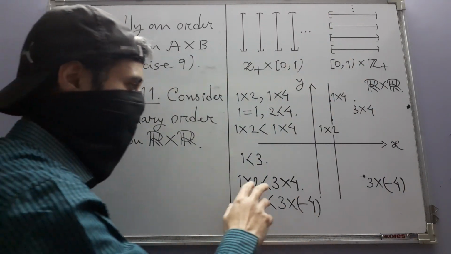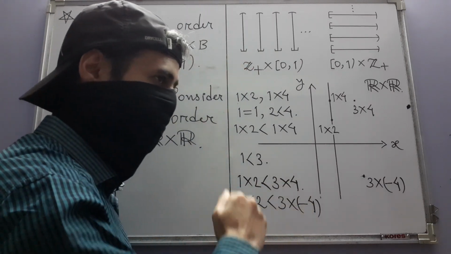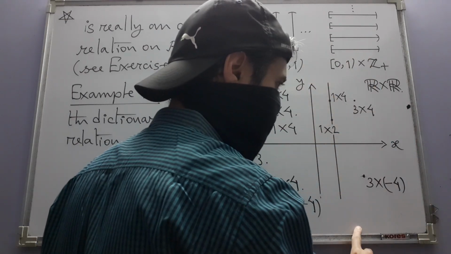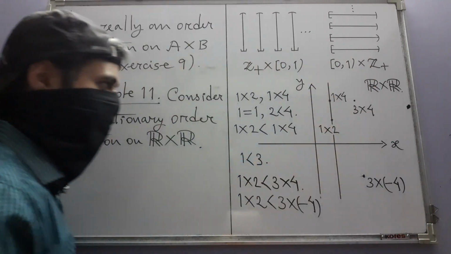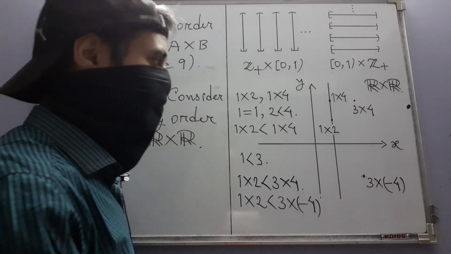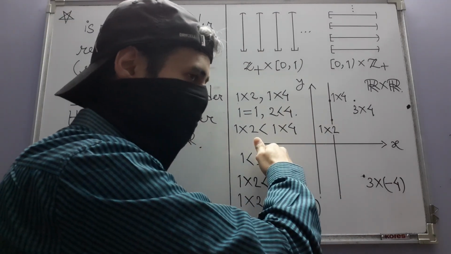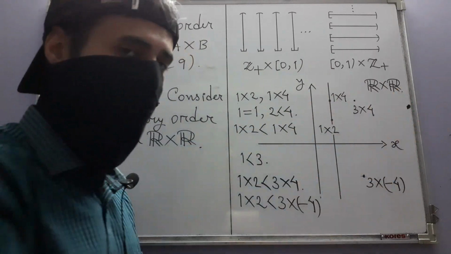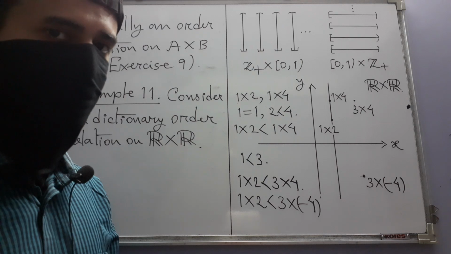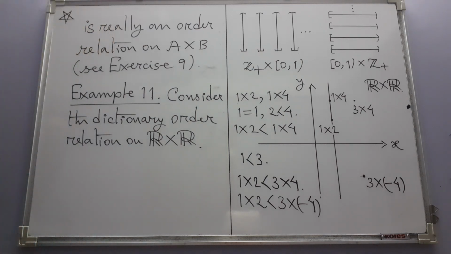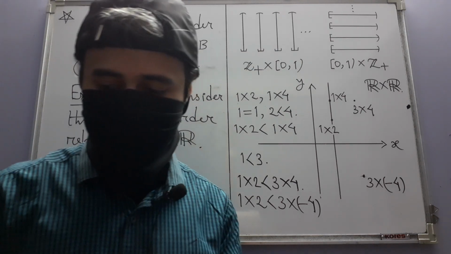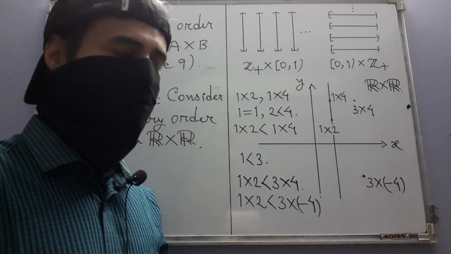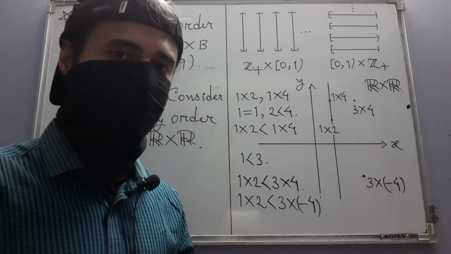It's not a single direction, but this is the sense in which the elements increase. They increase upwards along each vertical line, and when you have 2 points on different vertical lines, then the one that lies to the left of that other one is less. The one that lies to the right is more. That's the nature of dictionary order. And one more thing, why do we call it dictionary order? It is because this is the order that is used in deciding which words come where in a dictionary.